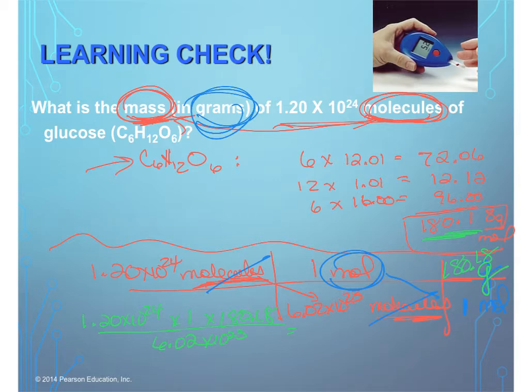Please punch this into your calculator if you haven't already, because when you have scientific notation, particularly when you're dividing by it, it's very easy to enter it incorrectly. And the answer is 359. What are our units? The units are the units in the upper right. So in this case, grams. And that is it.